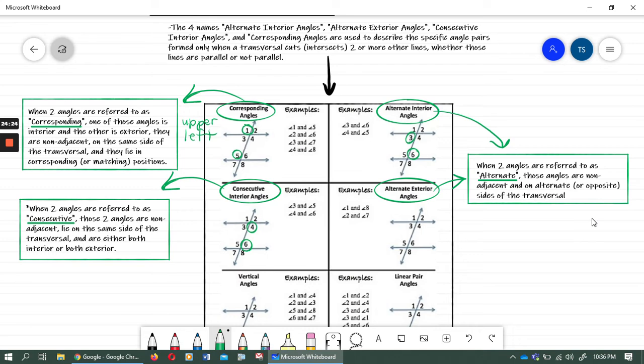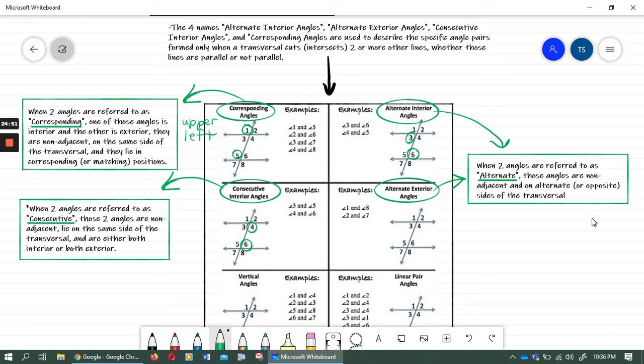With angle 3 and angle 6, they are both interior, first off, because again, that says alternate interior angles. They're both interior, and they're non-adjacent. These two angles, angle 3 and angle 6, don't share a common vertex, and they don't share a common ray.